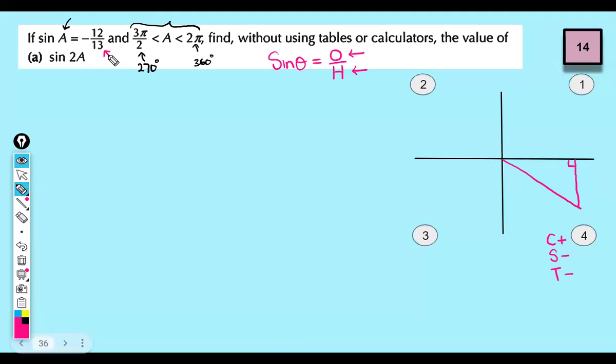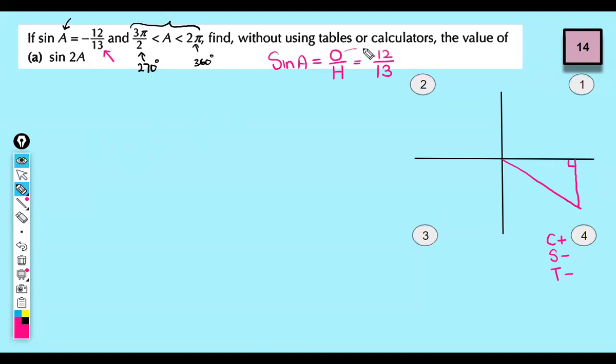Since they gave us sine is minus 12 over 13, like I mentioned over here, the angle they're talking about is A. So let's replace that theta with A. Sine is opposite over hypotenuse. So it's really minus 12 divided by 13, because we're pretending the minus sign is on top.